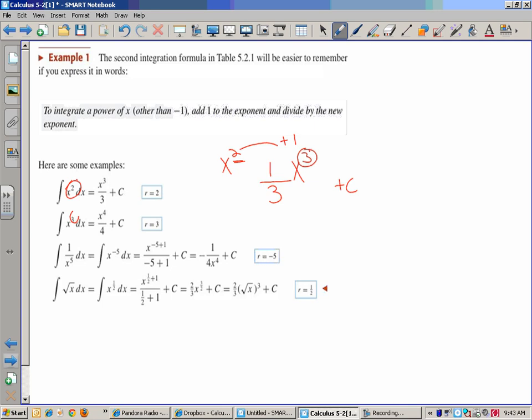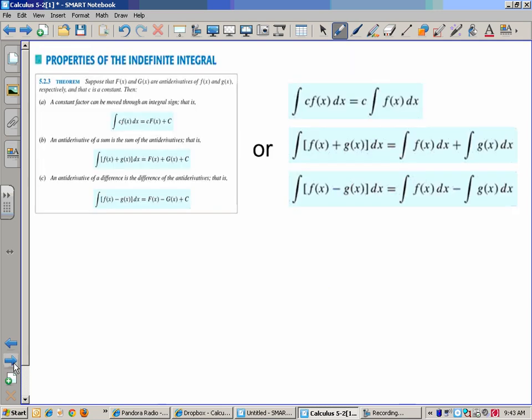So here, the exponent is 3. You're going to add 1, and then divide by that same number, or multiply by the reciprocal. This is going to be valid for any number other than -1.